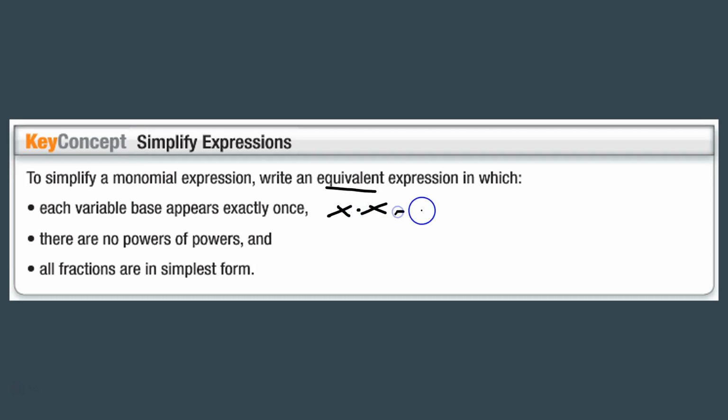It should be simplified as x squared, because that's the simplified version. There are no powers of powers, and the fractions must be in simplest form. So if you have 2/4, we need to reduce it to 1/2. That's a simplified form.